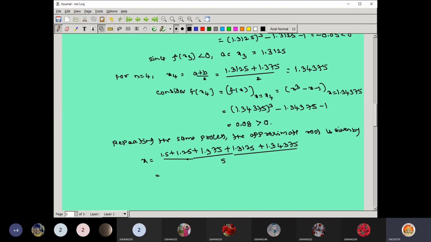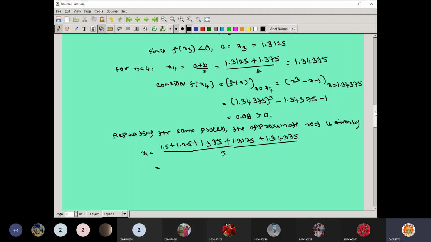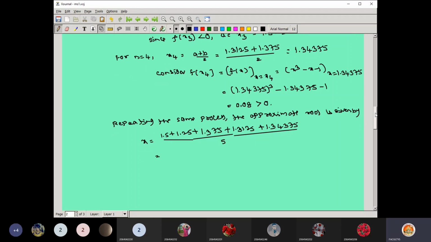So can you add the values and divide it by 5? How much are you getting? Just take the total of all the x values, the approximate roots, divided by 5. 1.35625.